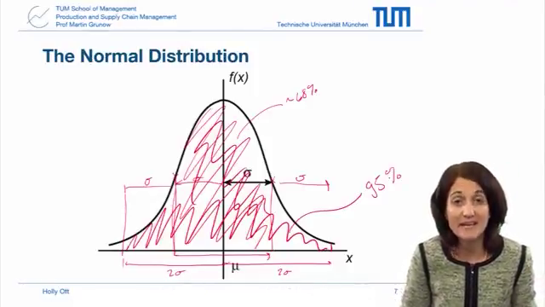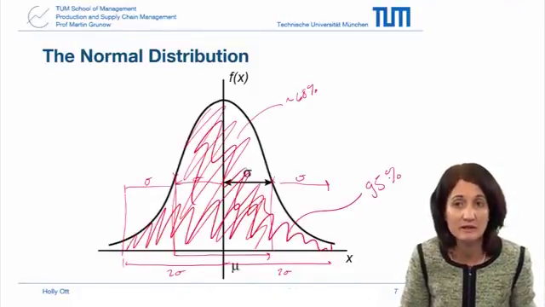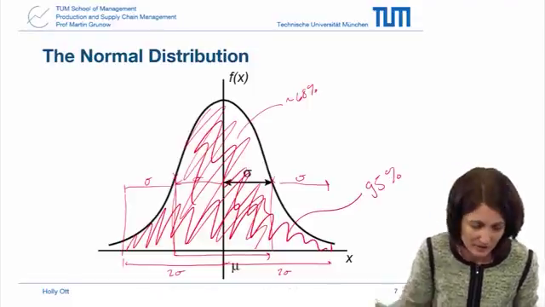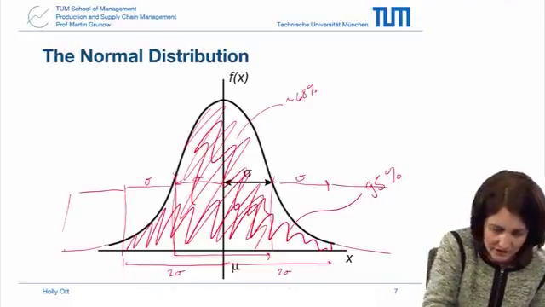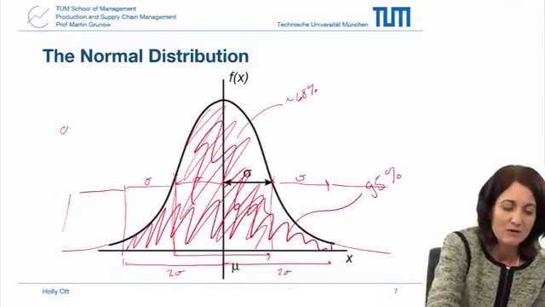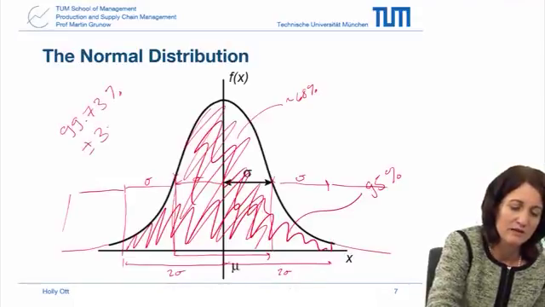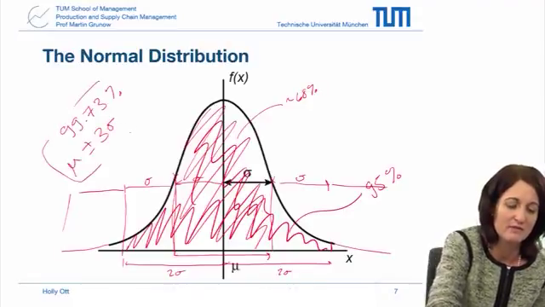This means that about 95% of our tabletops in our production will be within 2 standard deviations of the mean. And if we go to 3 standard deviations of the mean, we're even off my picture here, we get a whopping 99.73% within plus or minus 3 standard deviations of the mean.